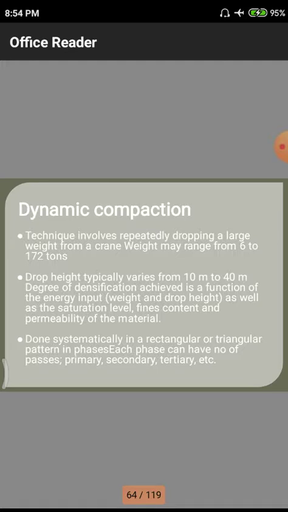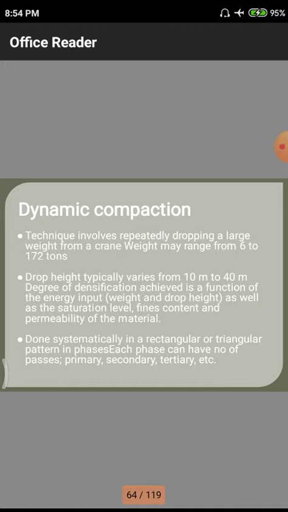The degree of densification achieved is a function of energy input as well as saturation level, fines content and permeability of the material. That means by continuously dropping these weights, we need to achieve some of these functions: the energy of the dropped weight, as well as saturation level, fines content and permeability of the material.